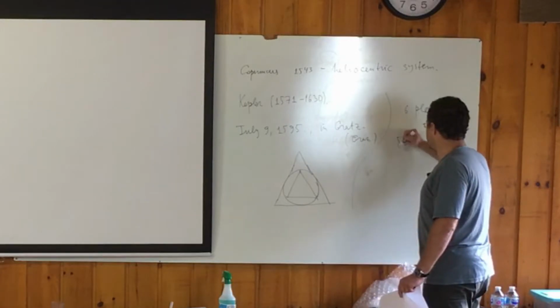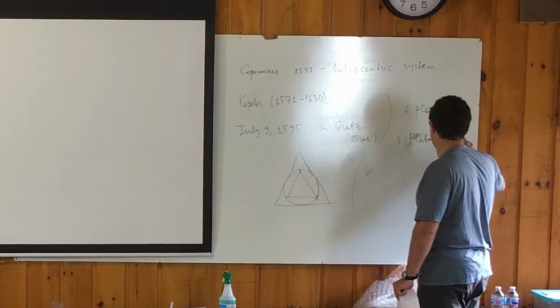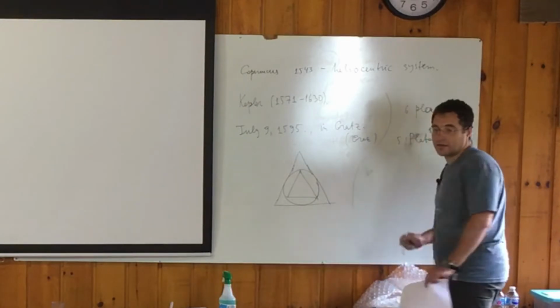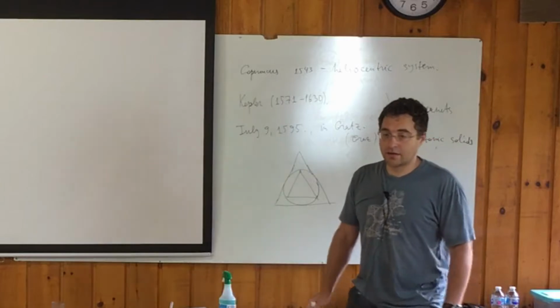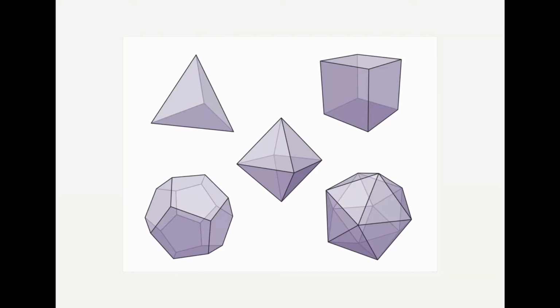So these are the regular polytopes, right? The regular polyhedra. So just to remind you how they look like, here is a standard picture.